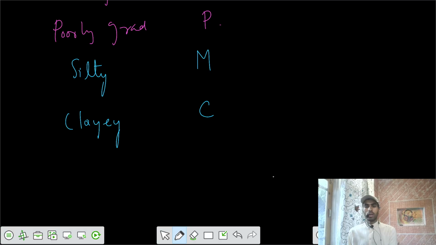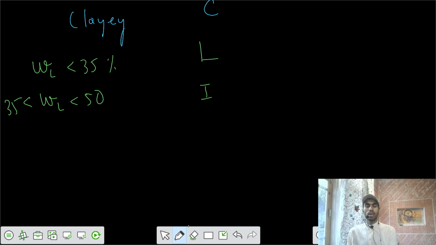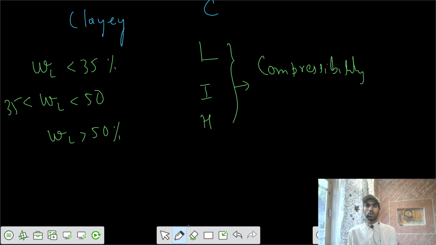After that, we can have the water content. If the liquid limit is less than 35%, we write that soil as L. If the liquid limit is in the range 35 to 50%, we write it as I. And if the liquid limit is greater than 50%, we write the suffix as H. So these three are talking about compressibility.